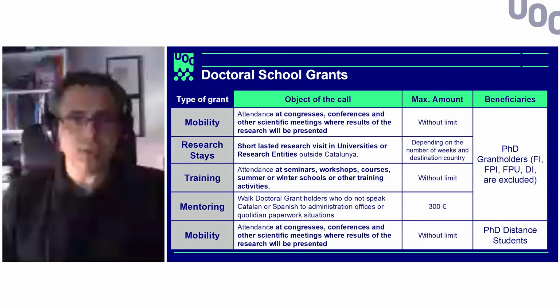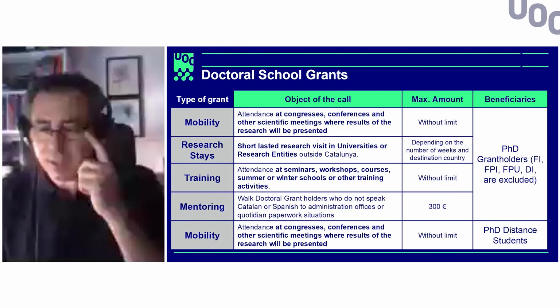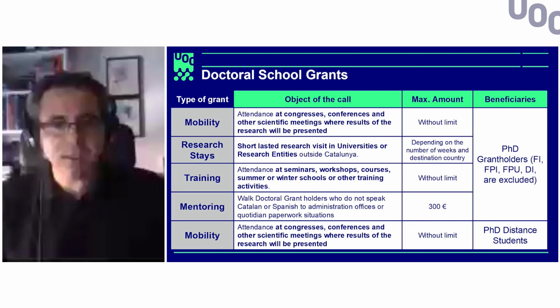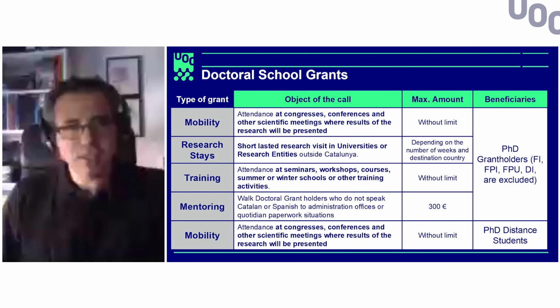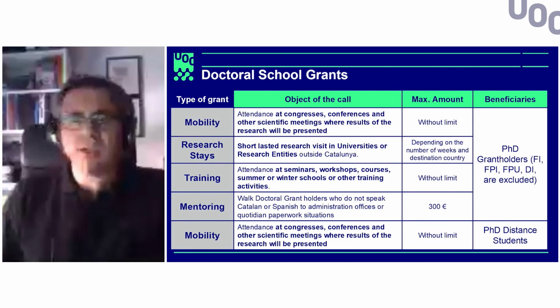What do they cover? For the mobility, you have here some insight on what they cover according to last year's call. Some numbers may change, but the important thing is you have all this opportunity for the internal grants, and they are all grants that should be applied through the GIR system.